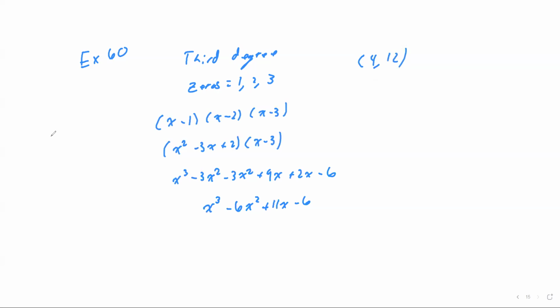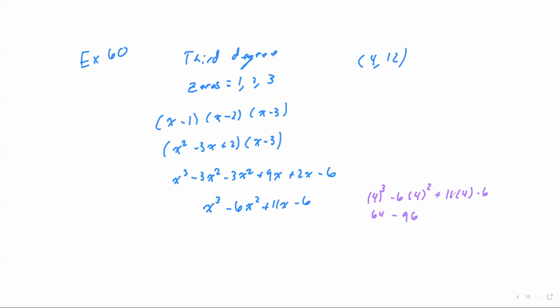Okay, so let's do some side work here. I'm going to plug in 4³ − 6 times 4² + 11 times 4 − 6. So this will give me 4, 16, 64. That's going to be 16 times 6, 6 times 10 is 60, 96.